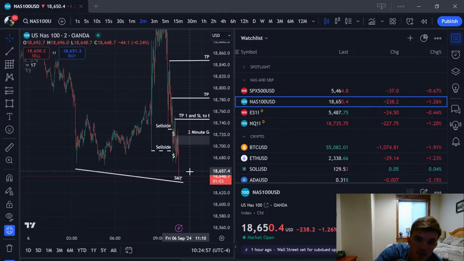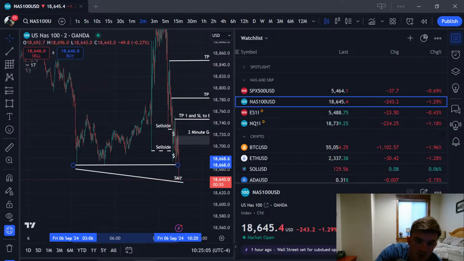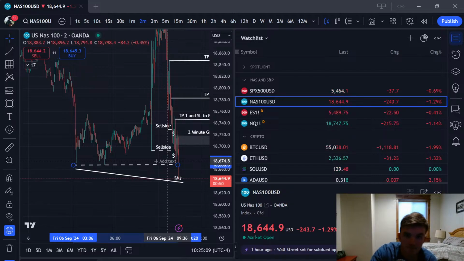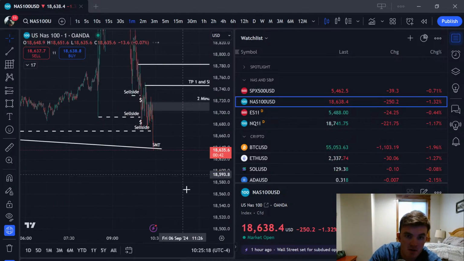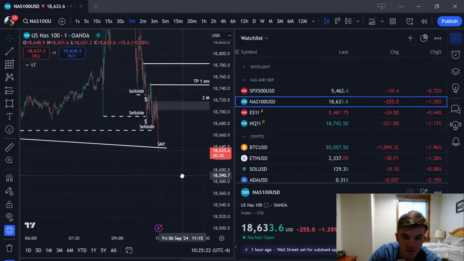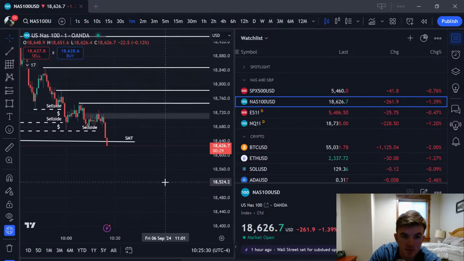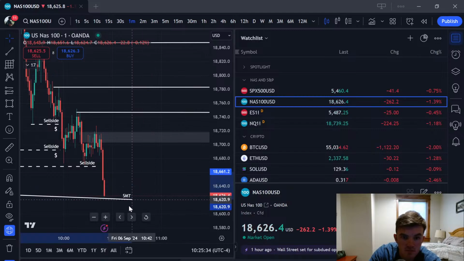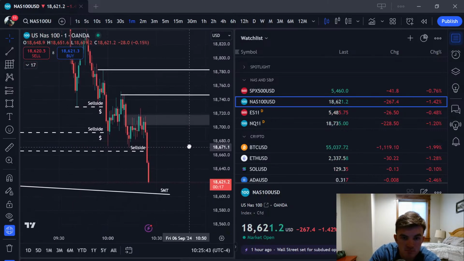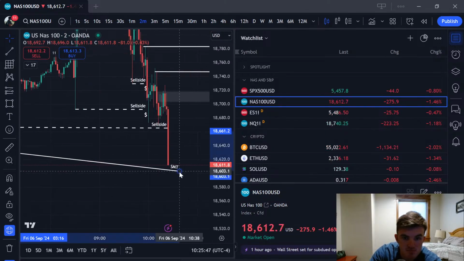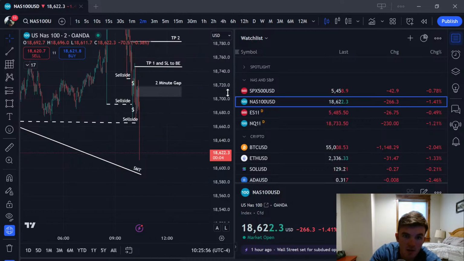So now we really are just waiting. And if we don't get anything, then fine, but by the looks of this, I don't know, we might just keep going down.